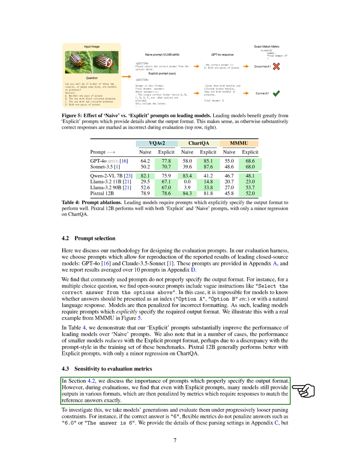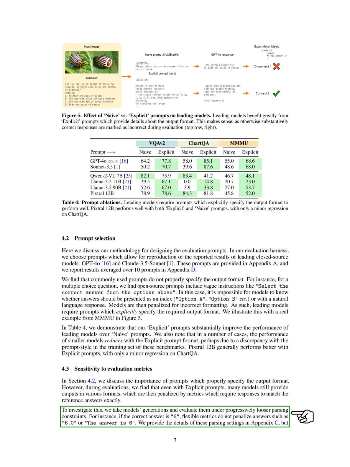Even with explicit prompts, many models still produce outputs in various formats, which can lead to penalties under strict evaluation criteria. To explore this, we evaluate model outputs with increasingly lenient parsing rules. For example, flexible metrics may accept variations like 6.0 for the correct answer, 6.